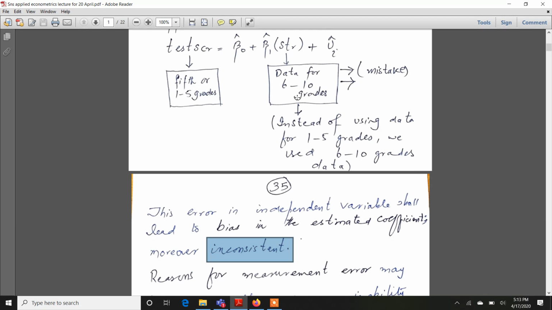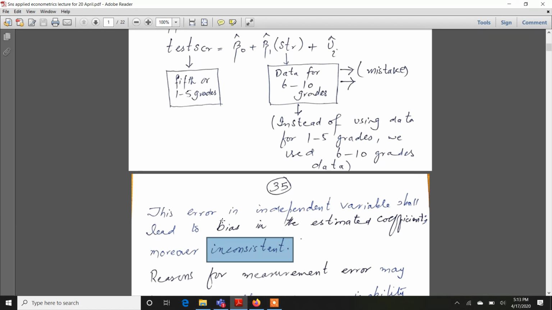Remember, it must contain fifth grade data on both sides. But now we have induced an error into it. So beta 1 hat will never converge to its desired value beta 1, right?